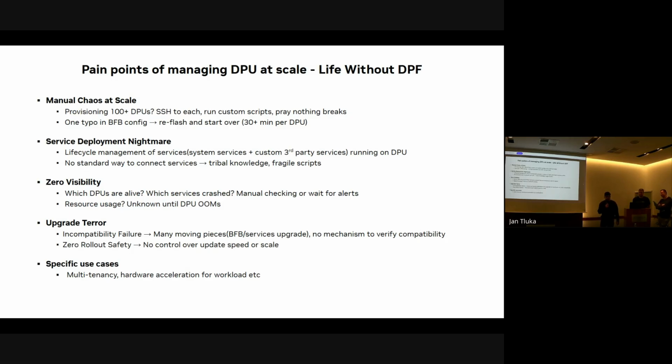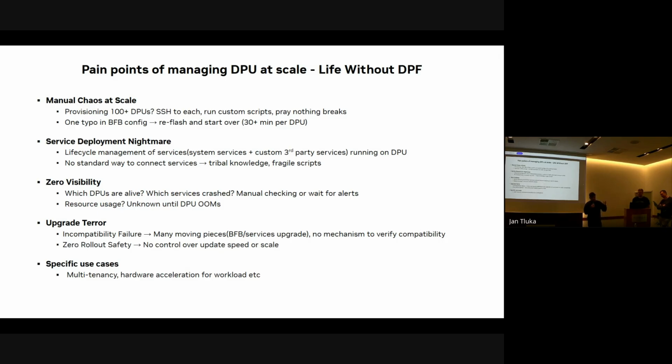First one is provisioning. To get the DPU up and running, you need a BFB file, BlueField boot file, which contains the DPU operating system, firmware, and libraries. Along with that, you need a bf.cfg file, which you can think of as a cloud-init for the DPU. And then you have command line utilities like bfb-install to actually do the provisioning.